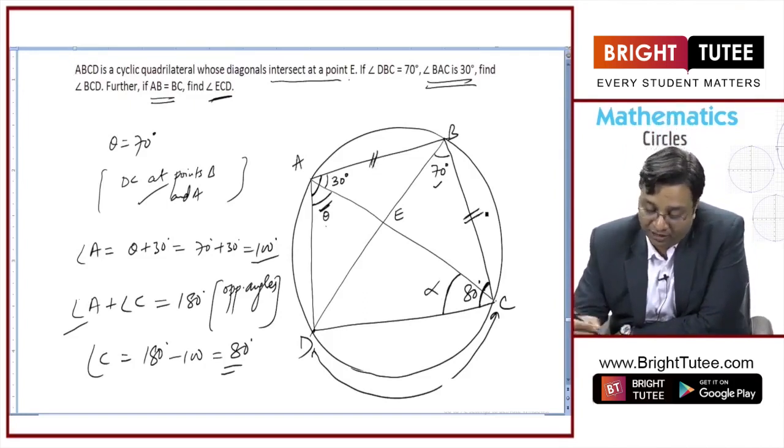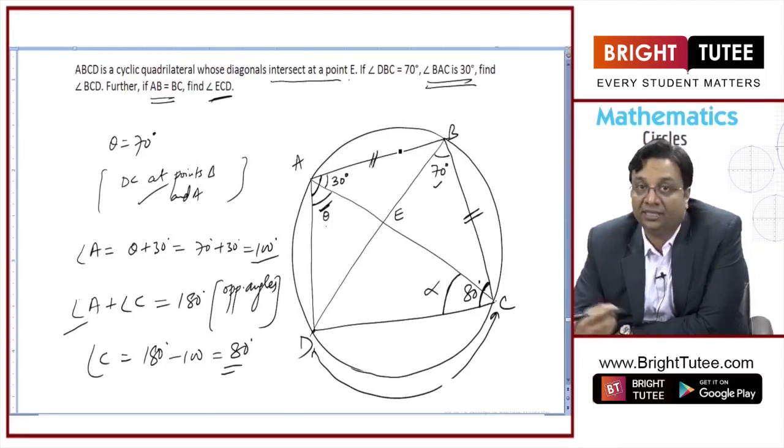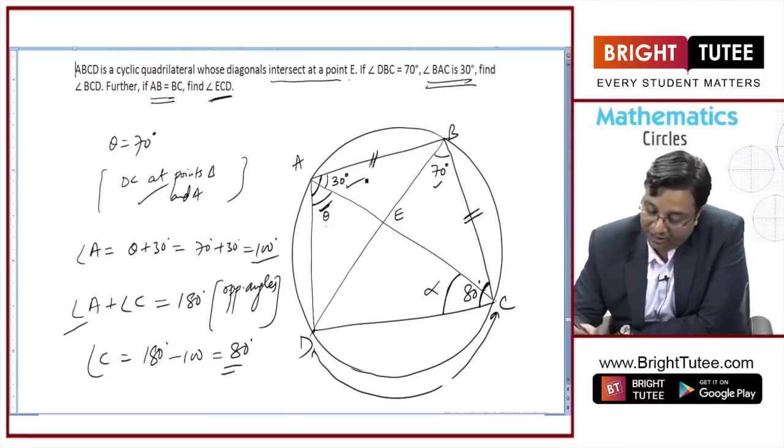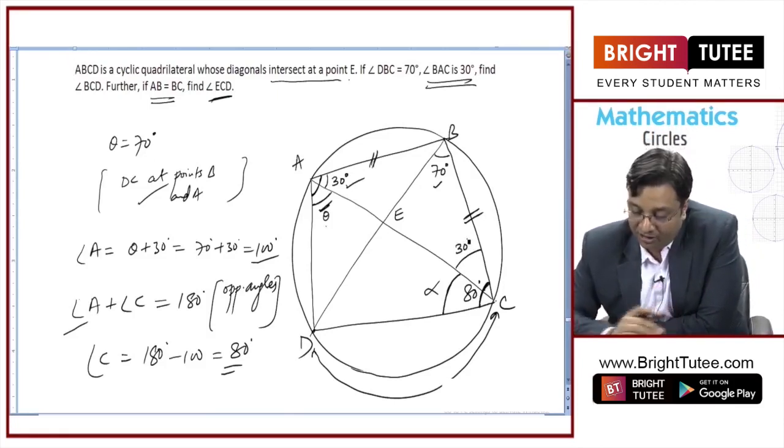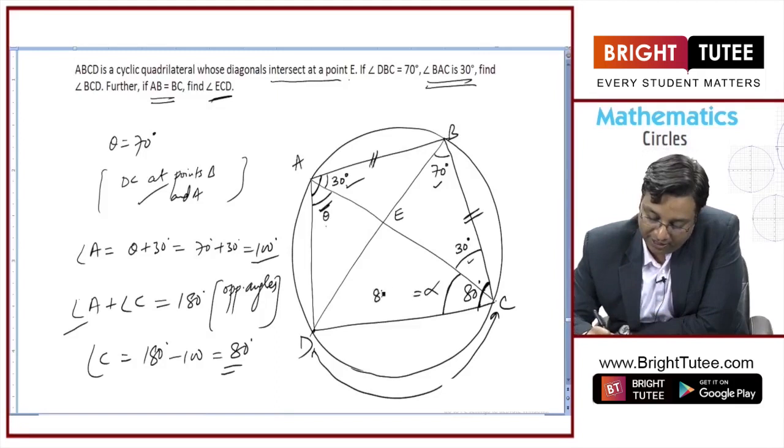So what does it mean for us? That this triangle ABC is an isosceles triangle. So if it is 30, then this angle will also be 30 degrees, right? If we know this much, we can just subtract 30 from this 80 to find alpha. So alpha is equal to 80 minus 30, that is 50 degrees.